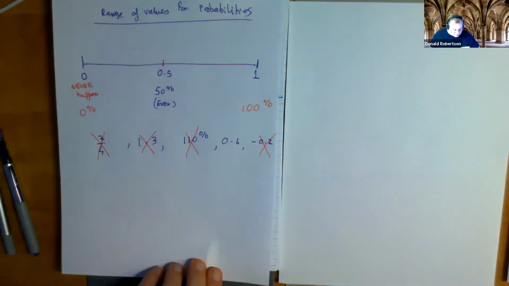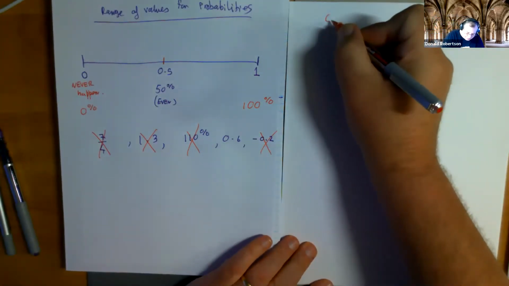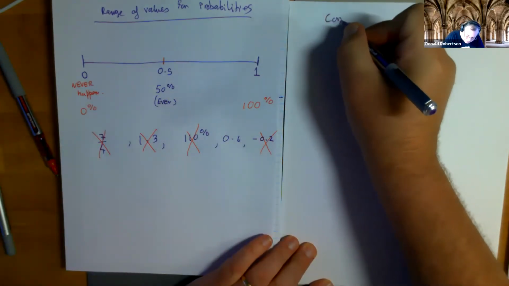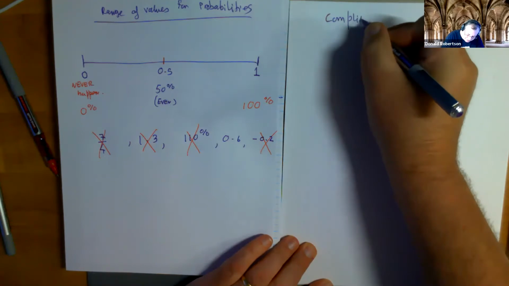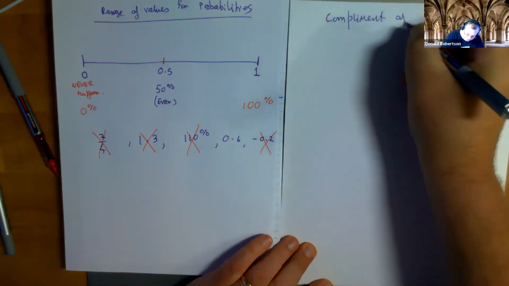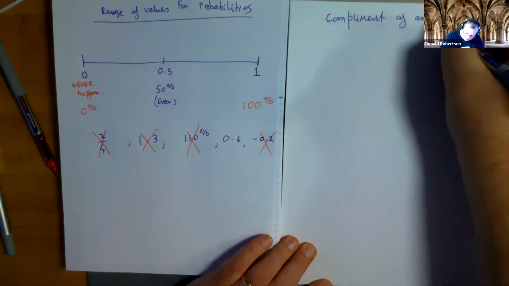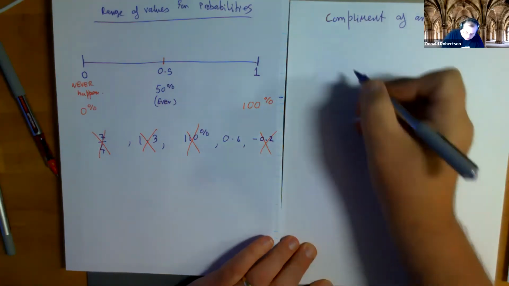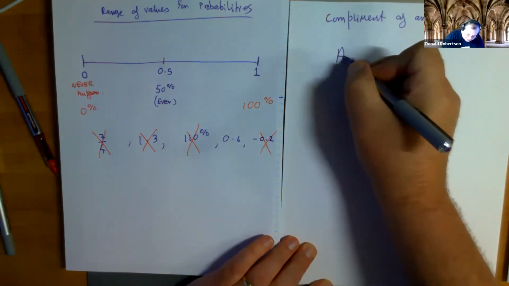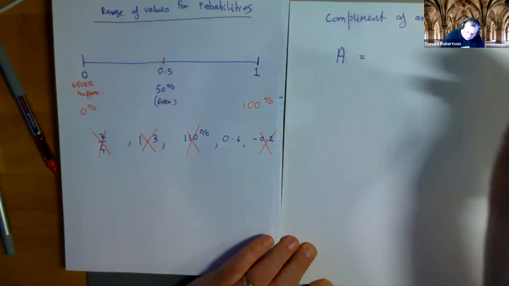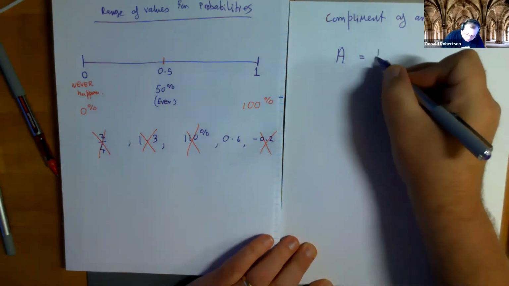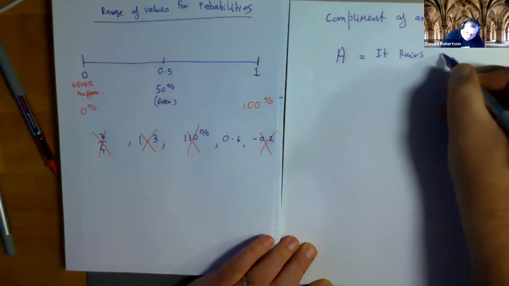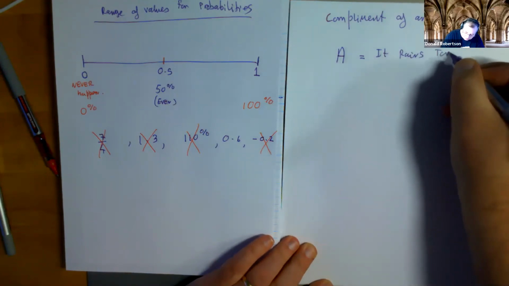Okay. So let's look at what's called the complement of an event A. Suppose A is an event, it rains tomorrow.